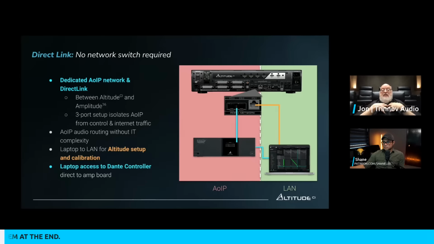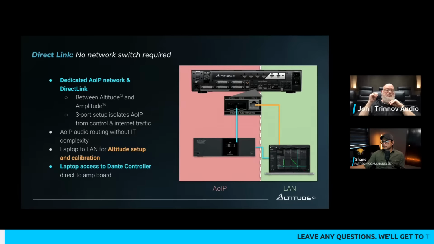We did not invent this capability. This is just using publicly available network stuff. But in this combination, we call it direct link, just to give it a shorthand name. And it allows you to use Dante Controller without having a properly configured network otherwise.